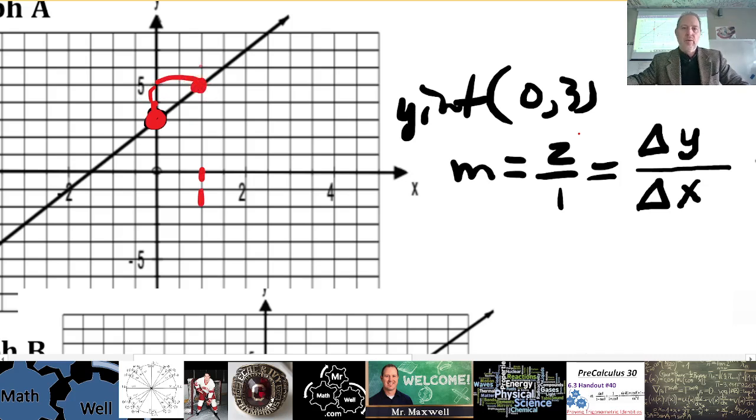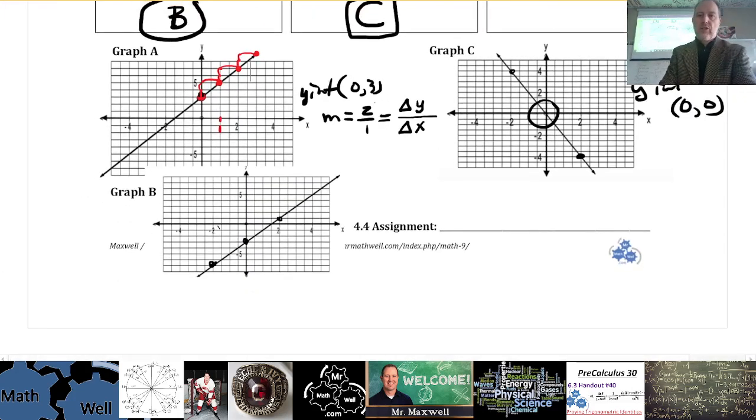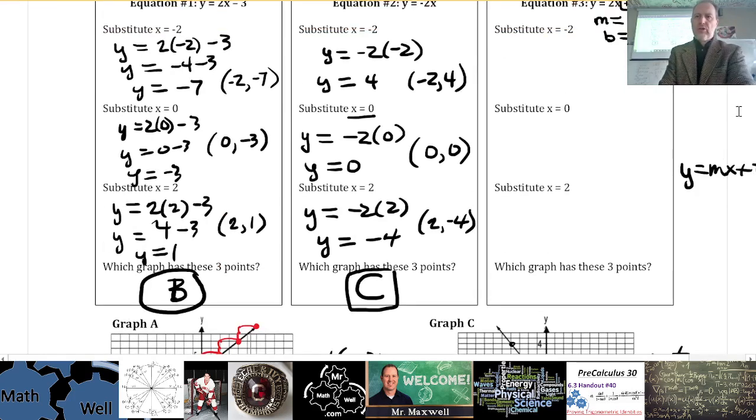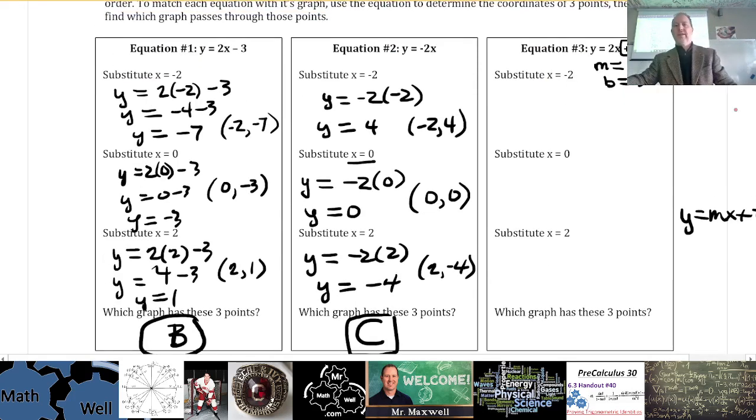Again, 2 up and 1 over, it's spaced a bit differently down here, gives us the next point, and so on. So that's how you connect the graph and the slope. Then you connect all those points and extend the line. So those are some tools for your toolbox to identify equations and graphs and the parts of them.